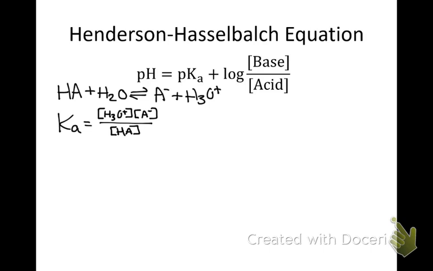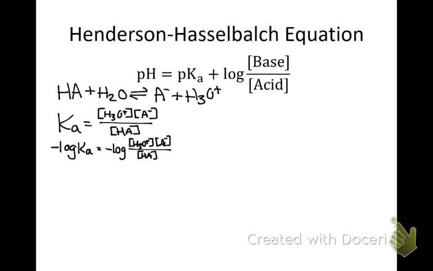Okay, so maybe you remember that pKa is the negative log of the Ka. So if we do negative log of both sides, negative log of Ka equals negative log of H3O+ times A- divided by HA.